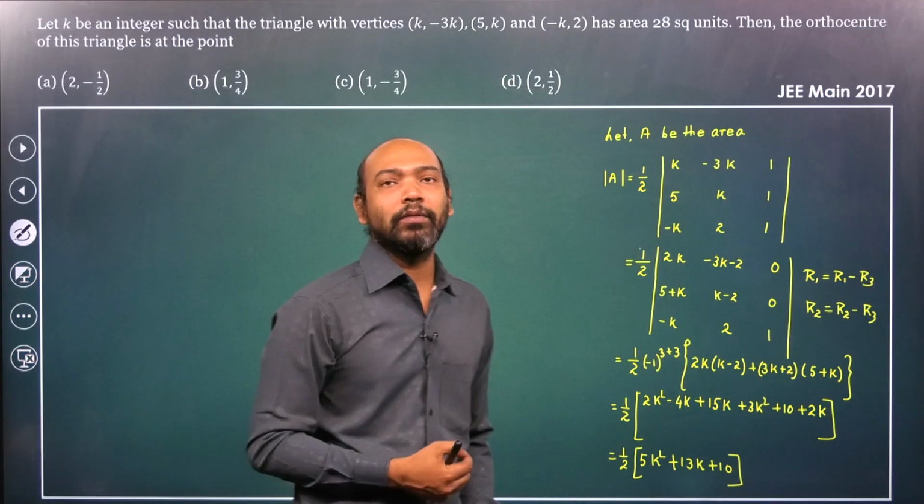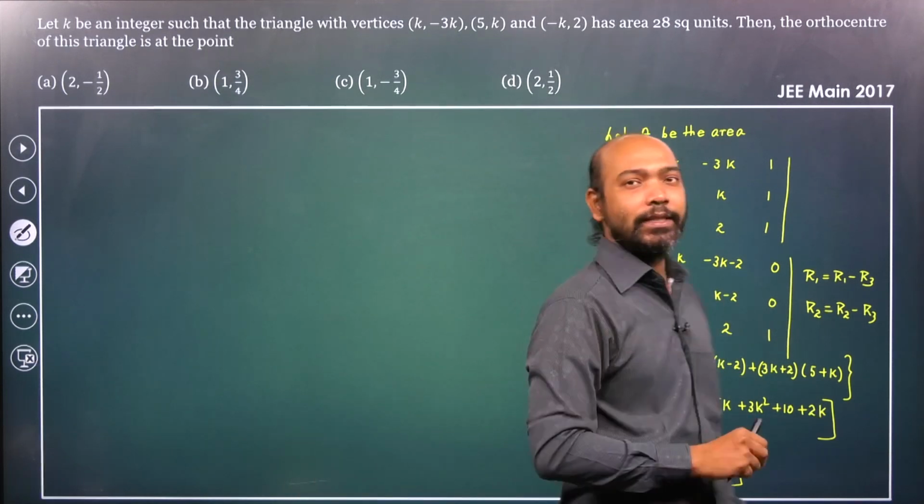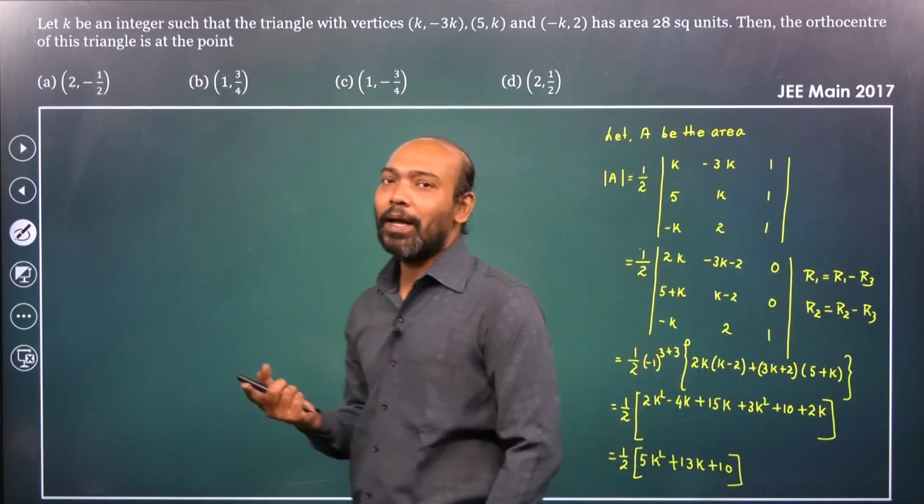Now to find the determinant, it says that the area is 28. So A will be either plus or minus, right?